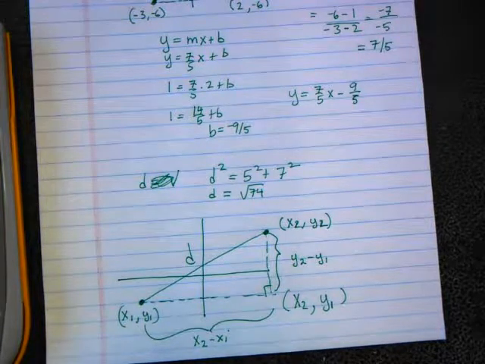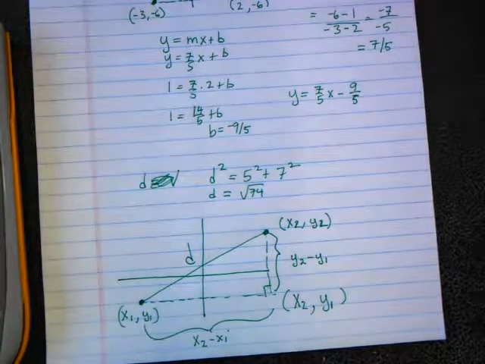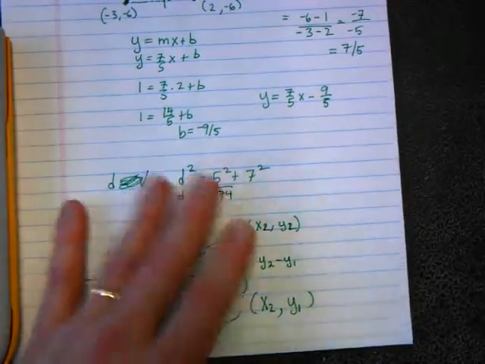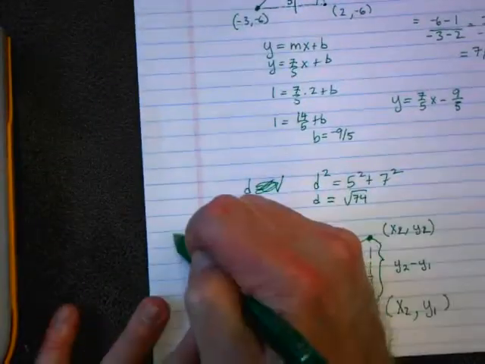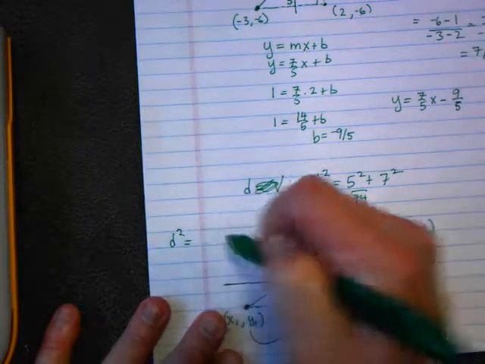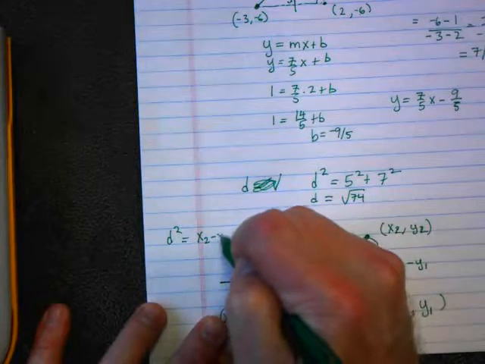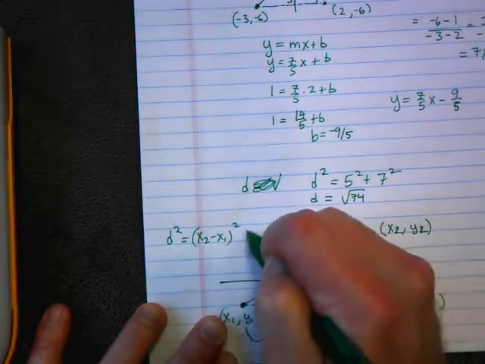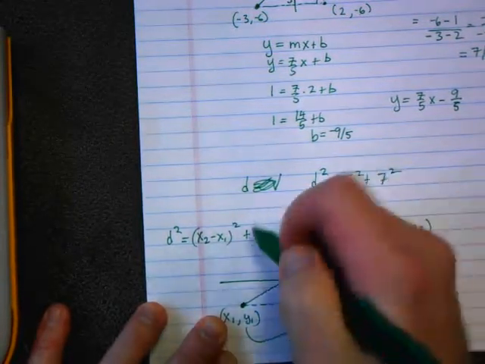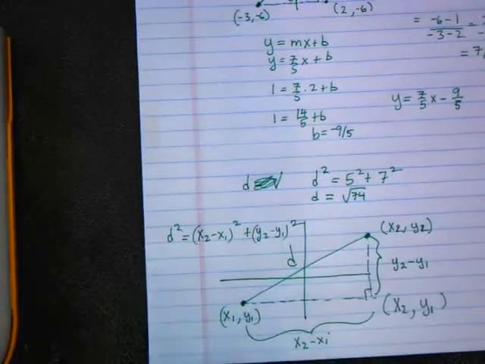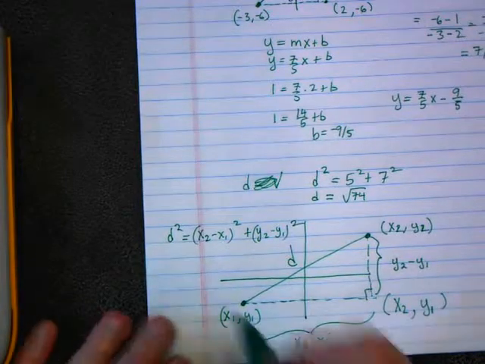Close. Square on both, and then I have to square root the whole thing. The Pythagorean theorem would say d squared equals this distance squared, so that's x2 minus x1 squared, plus this distance, y2 minus y1 squared. So to get the d all by itself, square root it.